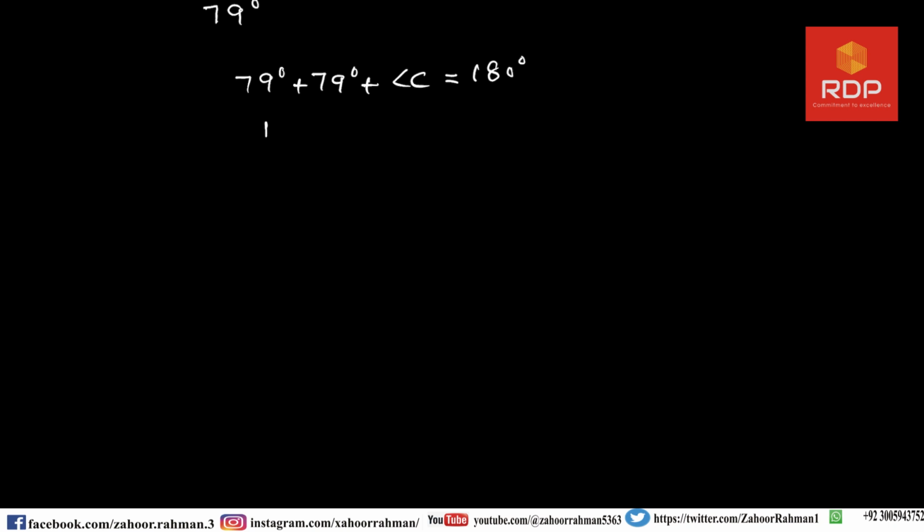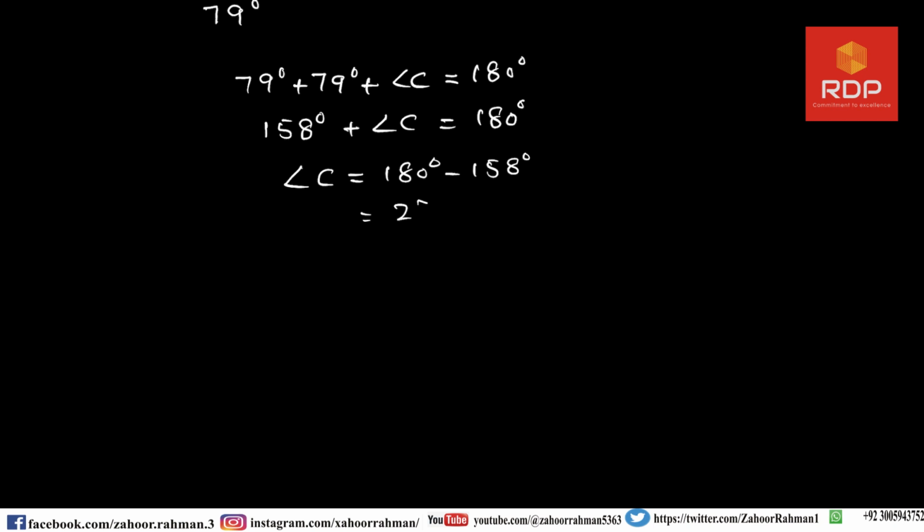So that will be 158 degree plus angle C is equal to 180 degree, and angle C is equal to 180 degree minus 158 degree. When we subtract this, it will be equal to 22 degrees. So the third angle is 22 degree.